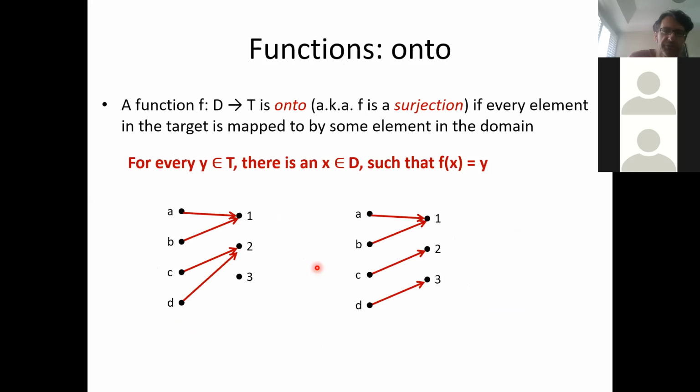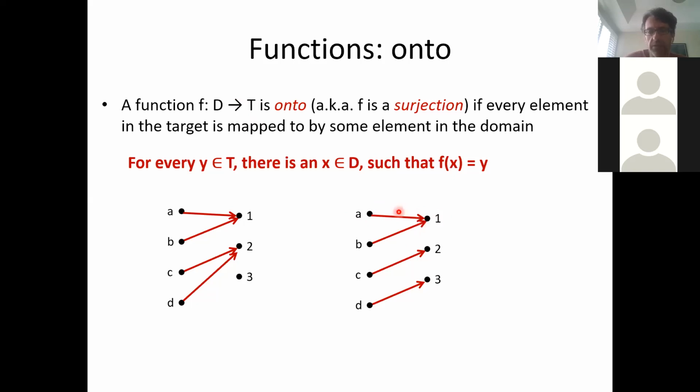Okay, corresponding, so the flip notion is an onto function. It's called surjection. The function is onto if the following implication is true. For every element in the target, there exists an element in the domain that gets mapped to that target. So for example, this function is a surjection because for every element y in the target, there exists somebody in the domain which maps onto this y, right?